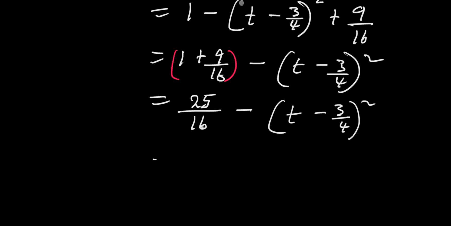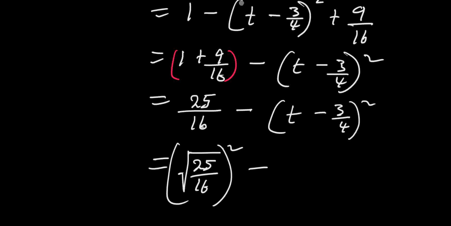So at this point, we can take the square root of 25 over 16 and square it. So this will become 25 over 16 squared minus t minus 3 over 4 squared.